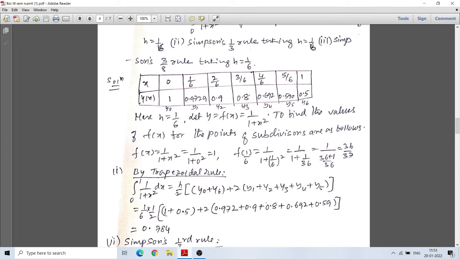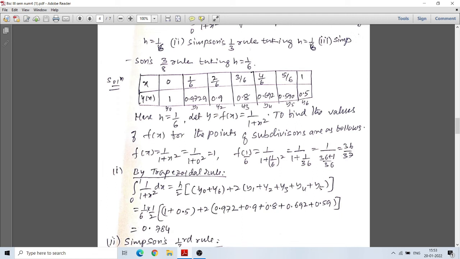Then h is here 1 by 6. Then 1 by 2 as it is. This is y0 value, y1 value, y2 value, y3, y4, y5, y6. These are all the y values.